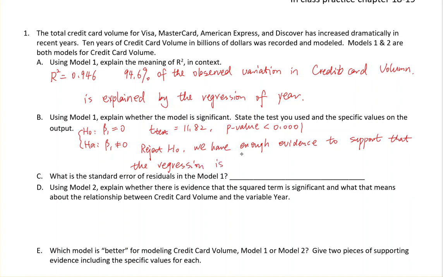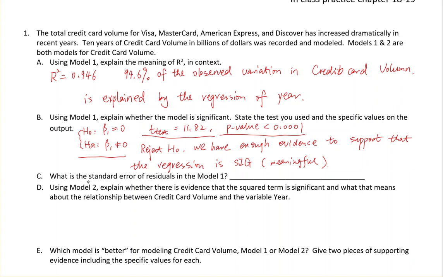Let's say significant or meaningful. All right, so the test is done, right? So you don't need to calculate anything. Everything is in the output. What you need to do is to state the right hypothesis, give the right p-value and the t-test statistic, and then make the right conclusion. That's all.